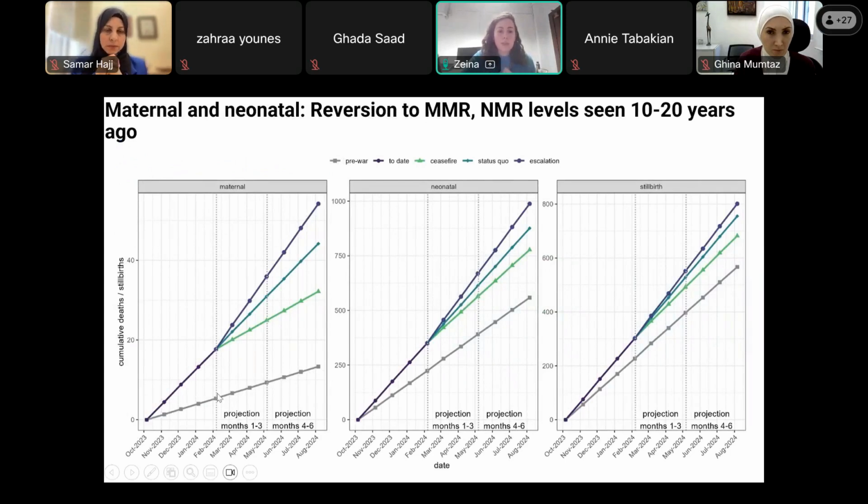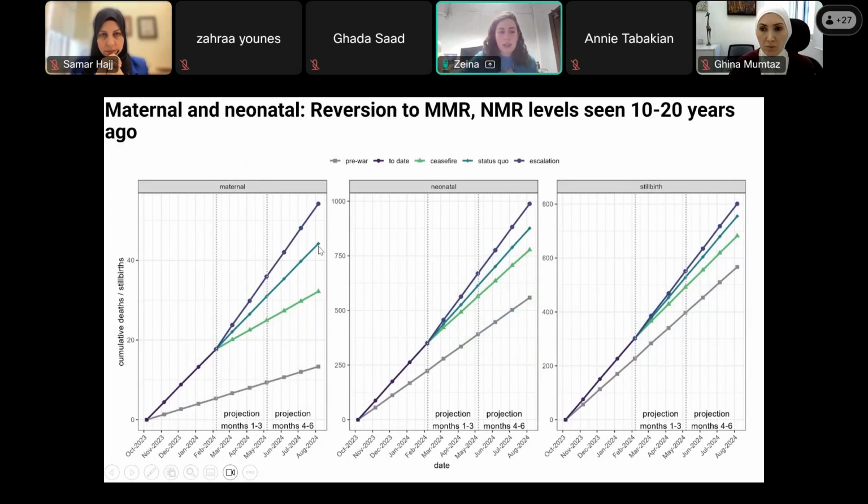So we know that maternal mortality is never zero, and the same thing with neonatal deaths and stillbirth deaths in gray. But then we look at the models with the ceasefire scenario, with the status quo, and with the escalation.